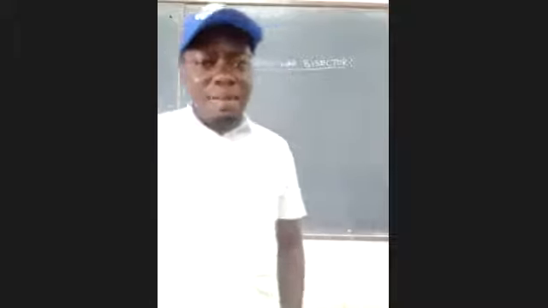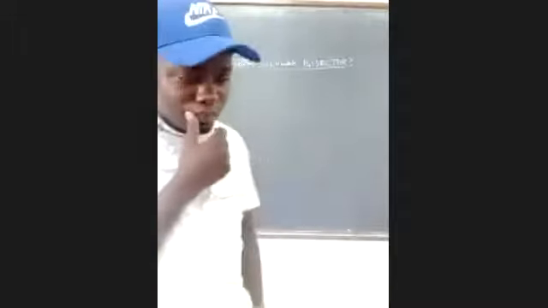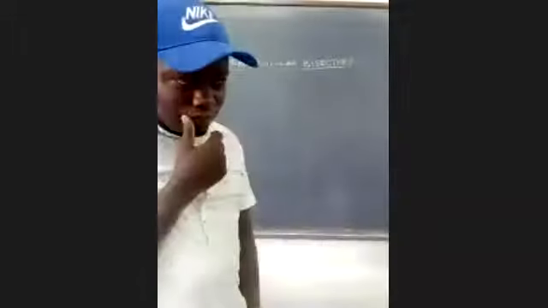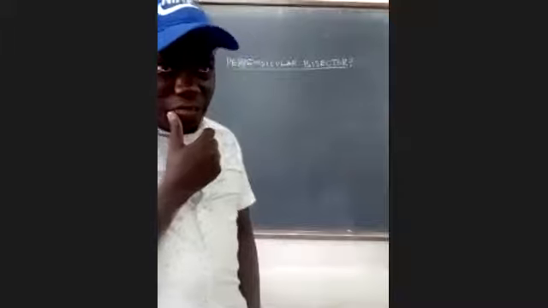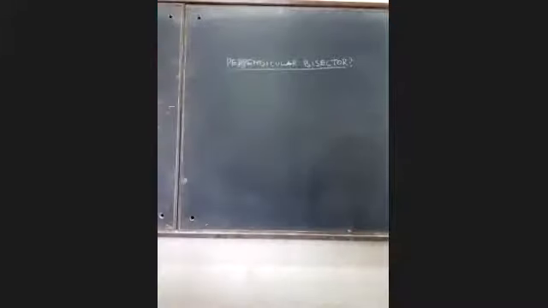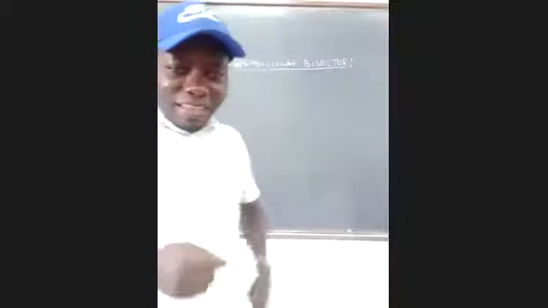What do you think a perpendicular bisector is now? Teacher, I think a perpendicular bisector is a bisector at a 90-degree angle. Okay, thank you, though not very clear. Paul, I have seen your hand there.